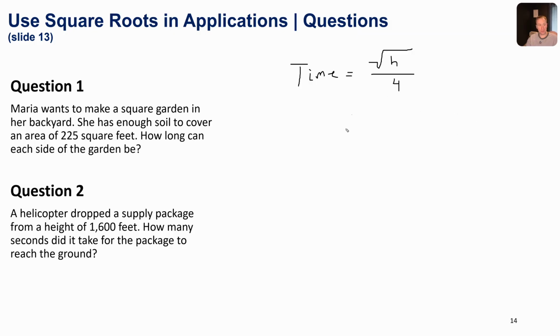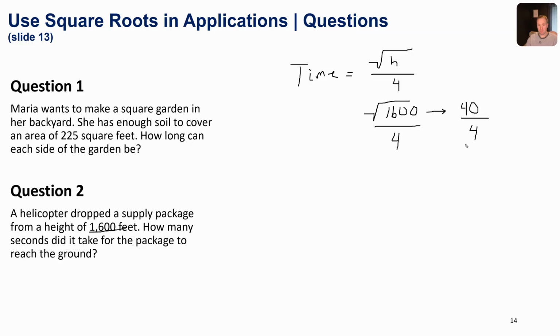So what you then do is, once you know the height here, you can simply input that number into your formula. So it would be the square root of 1,600 divided by 4. Okay, and the square root of 1,600 is equal to 40.